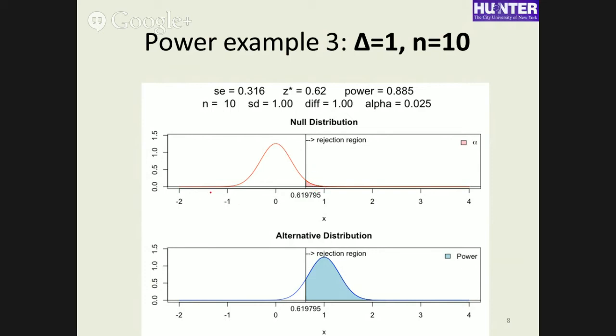Here are the regions where we will reject the null hypothesis. But if we assume that this alternative distribution is the true distribution, what is the probability of getting a sample that actually lies in those rejection regions? That's what the blue is. It is the area under this hypothetical alternative distribution that falls in your rejection regions for the hypothesis test.